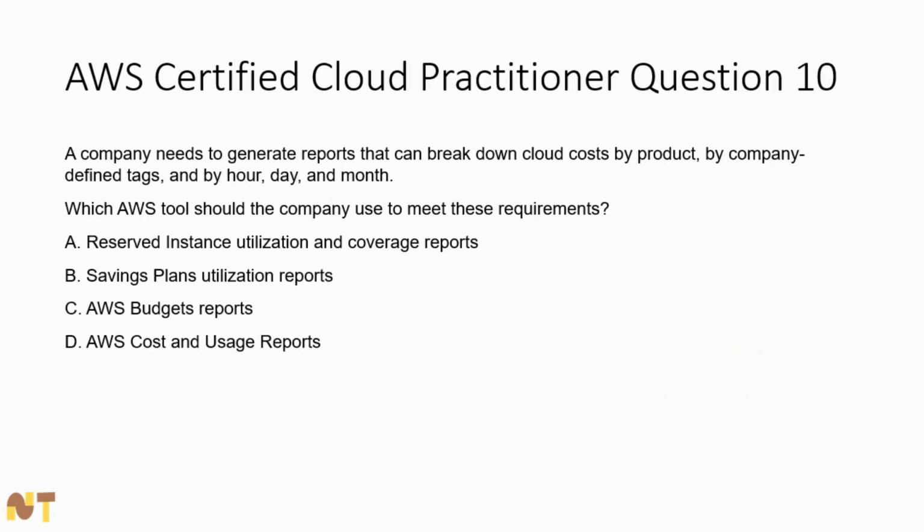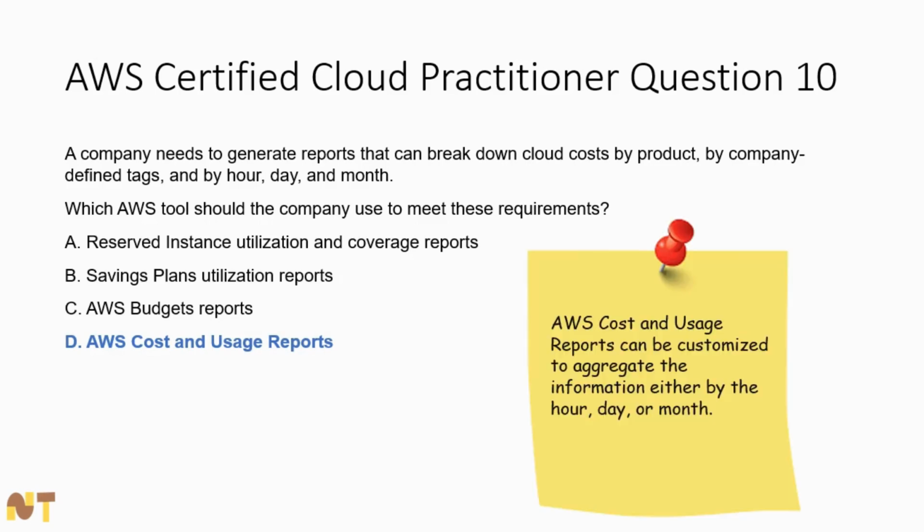A company needs to generate reports that can break down cloud cost by products, by company-defined tags, and by hour, day, and month. Which AWS tool should the company use to meet these requirements? Options are A. Reserved instance utilization and coverage reports, B. Savings plan utilization report, C. AWS Budgets report, and D. AWS Cost and Usage Report. The correct answer here is D. AWS Cost and Usage Report.